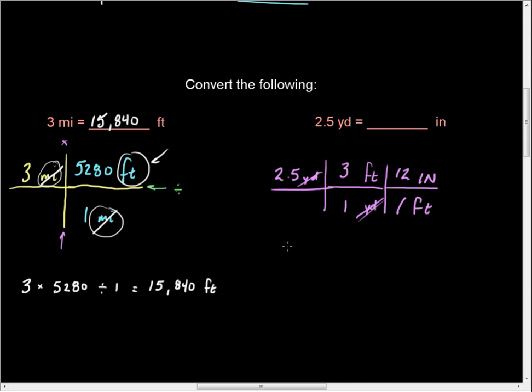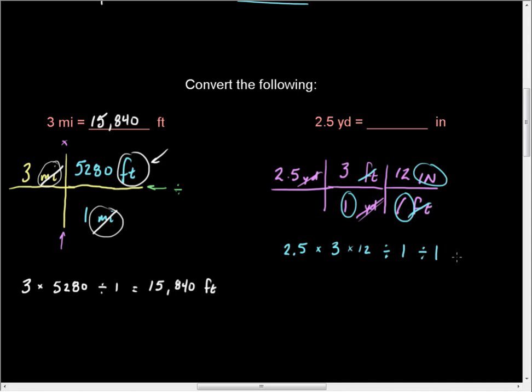And so now I've got that set up. So I'm going to take 2.5, and you'll notice the feet cancel, and I'm left in inches. So I have 2.5 times 3 times 12, and I'm going to put these in here again. Divided by 1, that's this one here, and divided by 1 again, that's this one here. I stay in the groove.